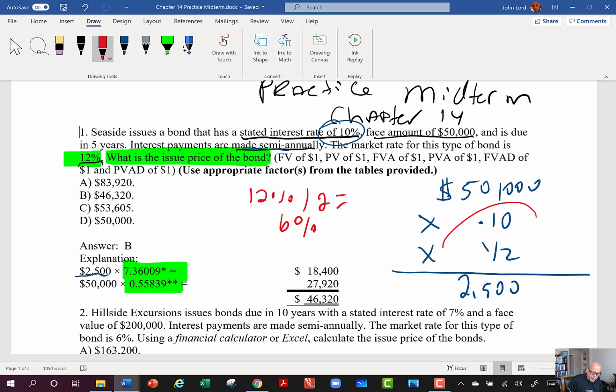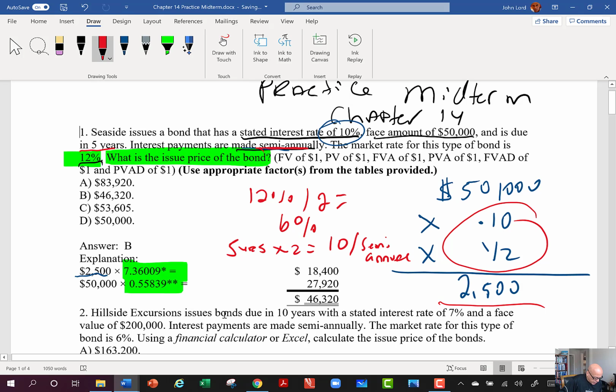So even though I calculate my cash interest on the face amount, to do my present value, to do my discounting to figure out the price of this bond, I use the market rate of interest. And they tell me that it's a 5-year bond, but since it has 2 semi-annual periods per year, I take 5 years times 2, which gives me 10 semi-annual periods.